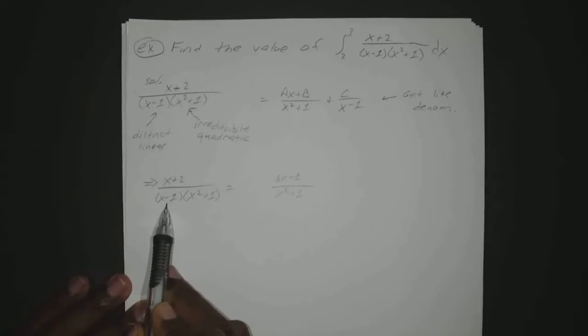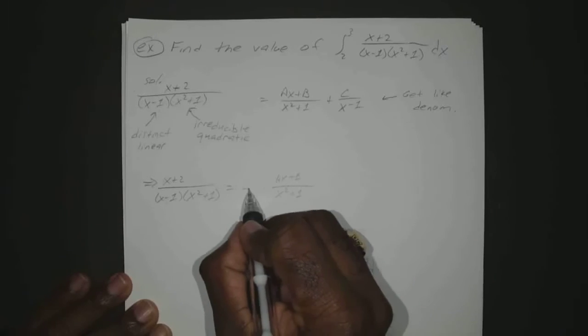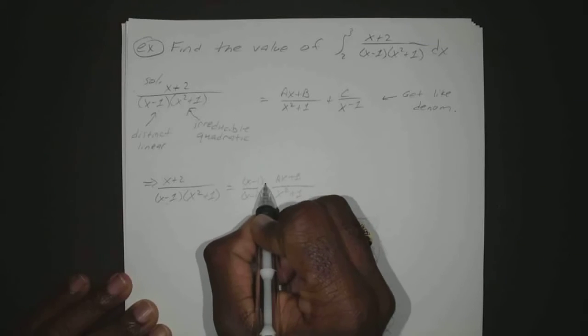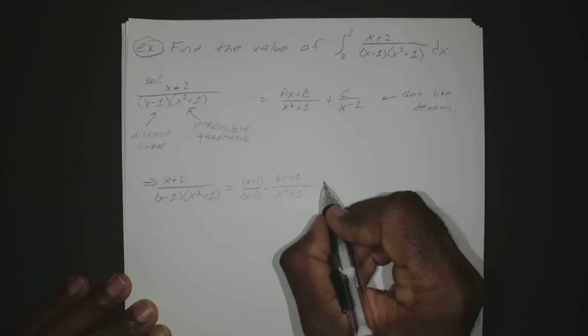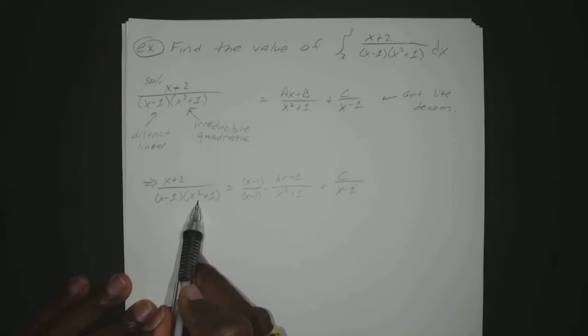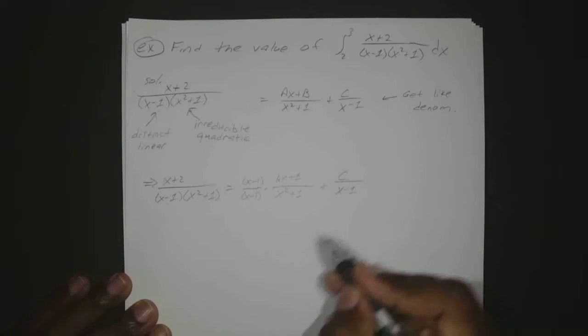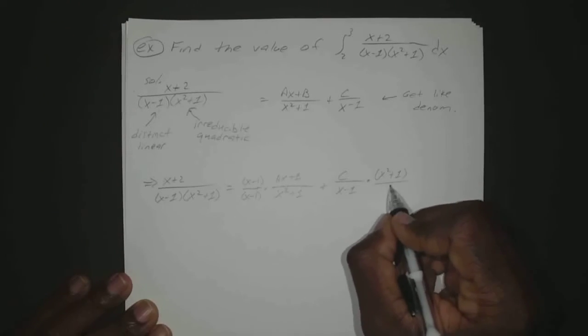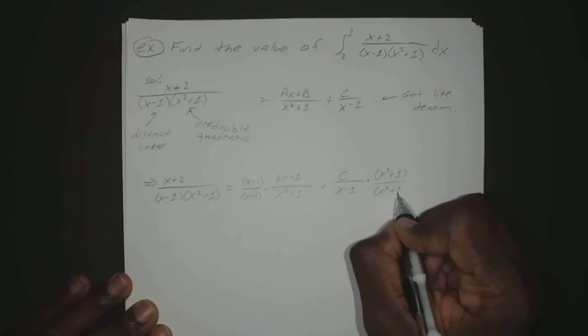The only thing missing is the x minus 1, so we have x minus 1 over x minus 1, plus c over x minus 1. The only thing missing is the x squared plus 1, so times x squared plus 1 over x squared plus 1.